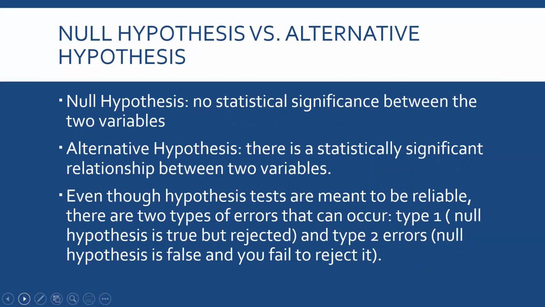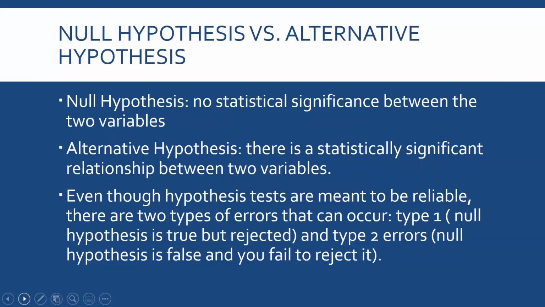If you say, I'm going to study the income for the east of Bemidji and the west of Bemidji and see if there is a difference, the null hypothesis says there is no difference in income between the people who live in the north and the people who live in the south, or the people who live in the east and the people who live in the west. So all the time, the null hypothesis says there is no statistical difference between the two variables.